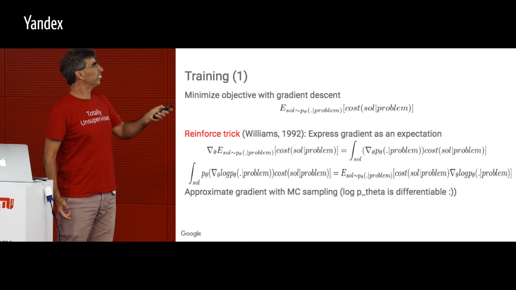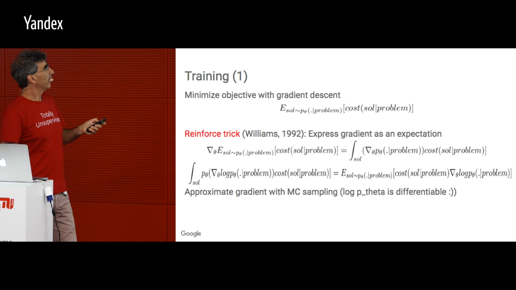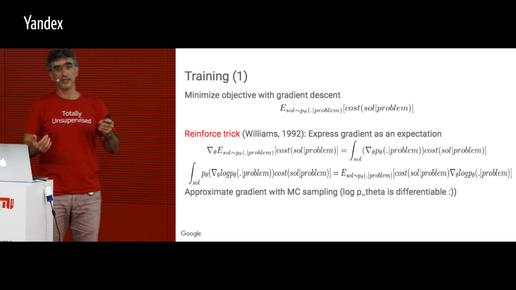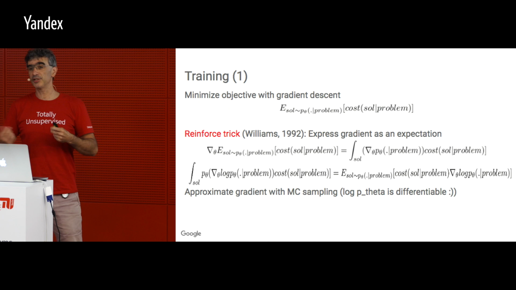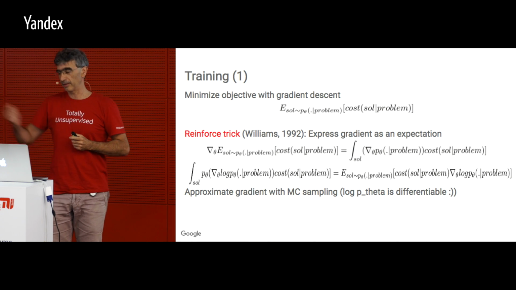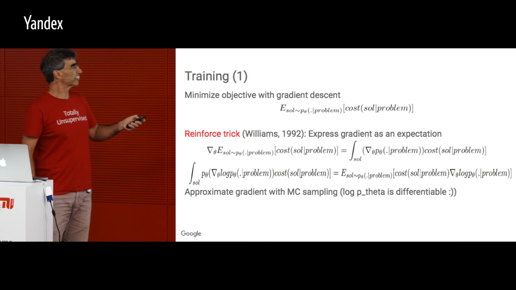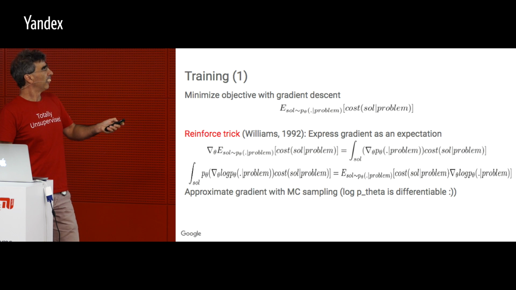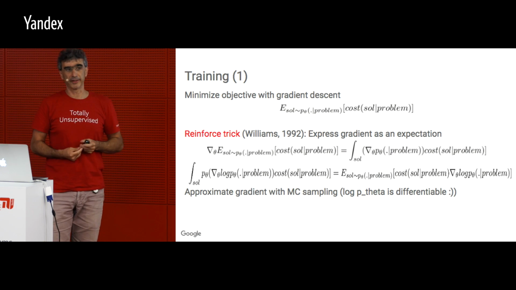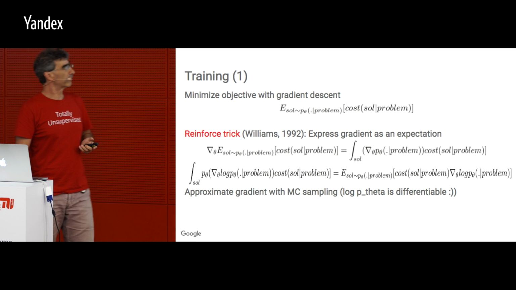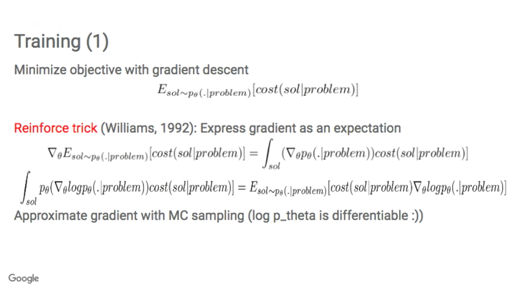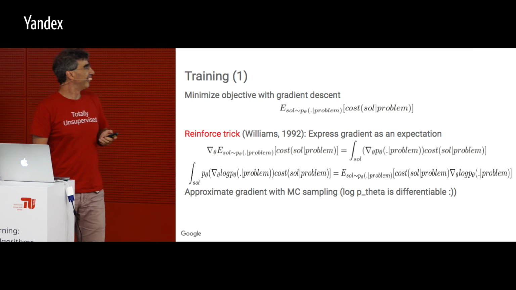And what we want is to minimize the expected cost. And since the solution is usually expressed by a sequence of decisions, like take this city or turn left, whatever, it depends how you encode the solution, you cannot use gradient descent directly. You need a trick, and we use the REINFORCE trick. REINFORCE is a trick that dates back a few years, which helps us compute the gradient through this cost by basically rewriting all that.